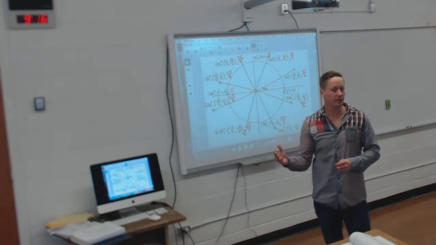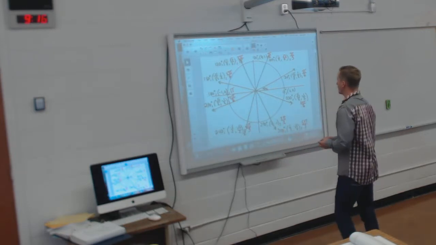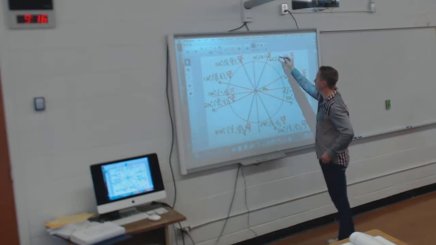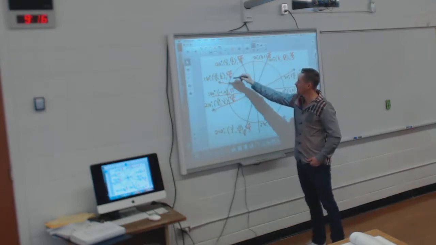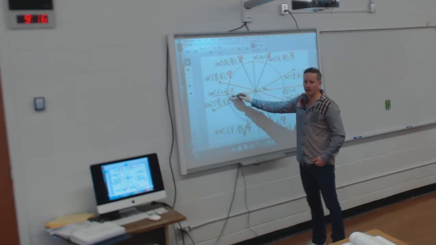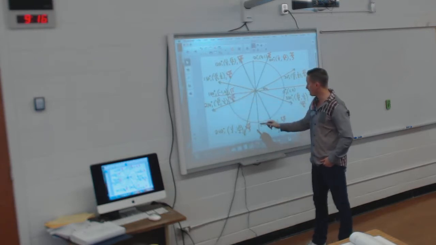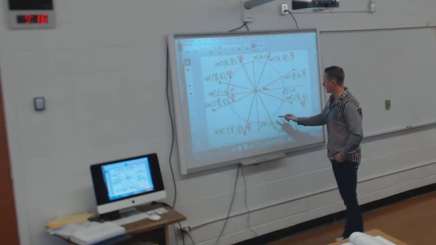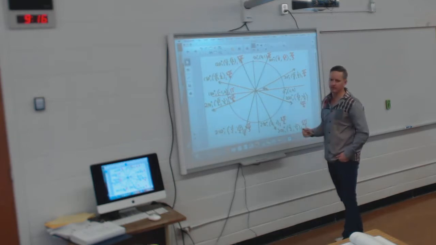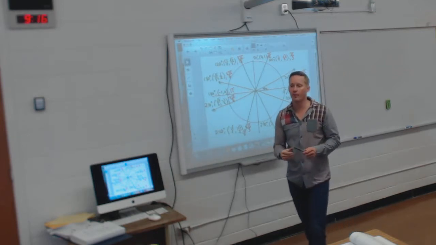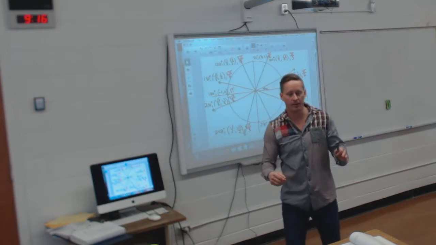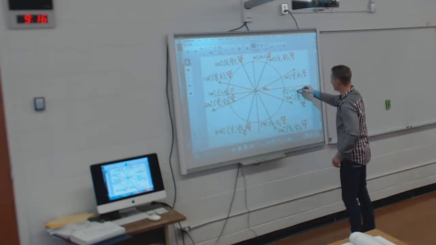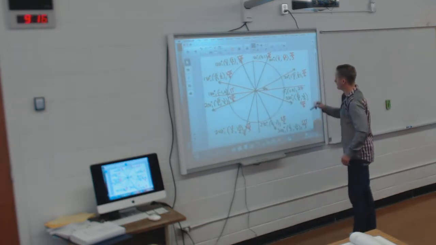You don't have to remember that they're pi over 3s, just remember to reduce them after. So 1 pi over 6, 2 pi over 6, 3 pi over 6, 4 pi over 6, 5 pi over 6, 6 pi over 6, 7 pi, 8 pi, 9 pi, 10 pi, 11 pi, or 12 pi over 6. We also have to remember that one, which I didn't put in, which is 2 pi.